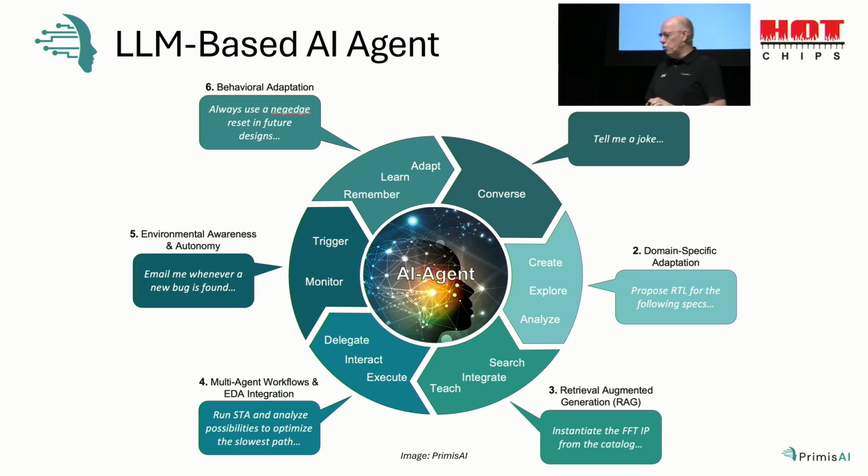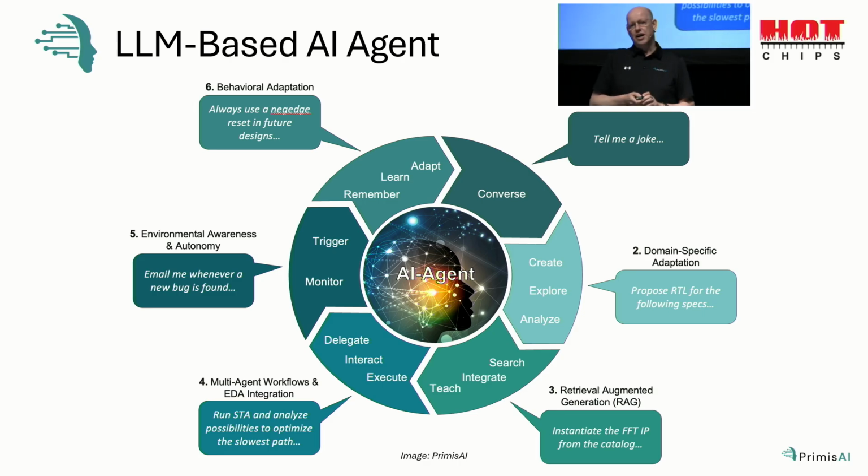Next is to enable the agent to use tools. Of course, as designers, we're used to using EDA tools, so why not equip the AI agent to use the tools under the hood, such that as a human being you can ask it, for example, I'd like to run the simulation and I'd like you to interpret the results.